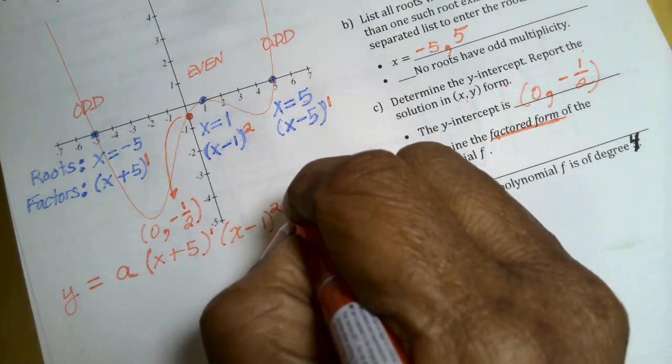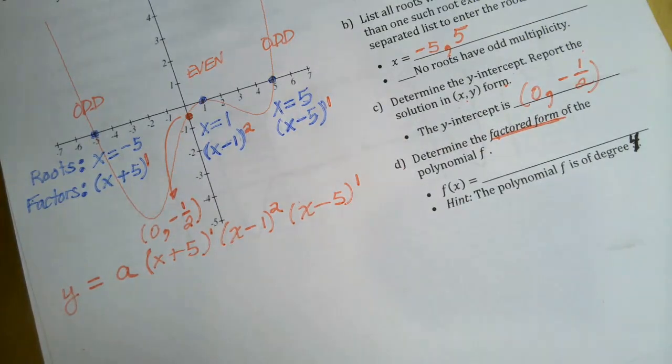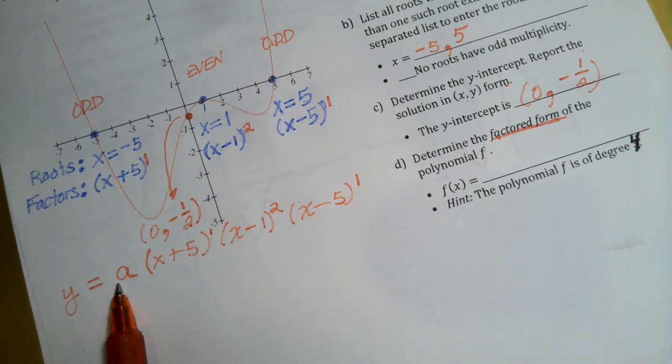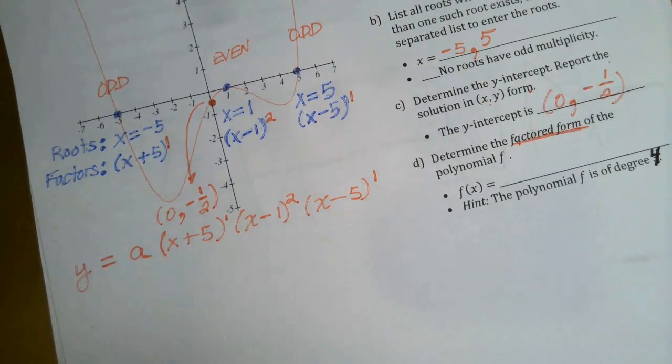And we have a factor of x minus 5, raised to the first power. Now, we need to be able to use our y-intercept to help us find a. So we need to plug in our point.